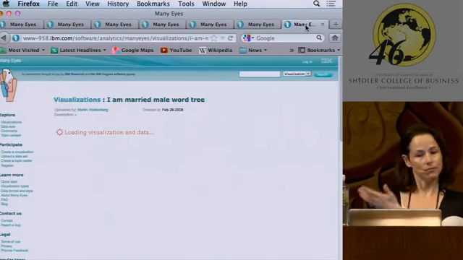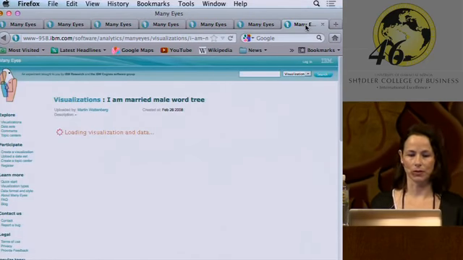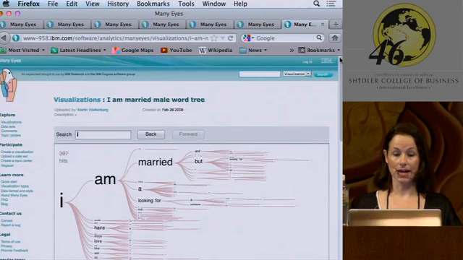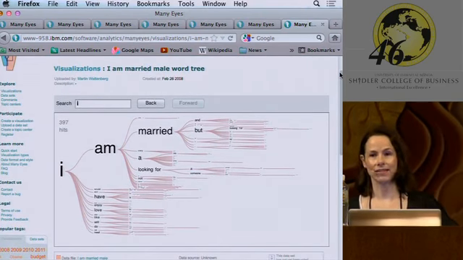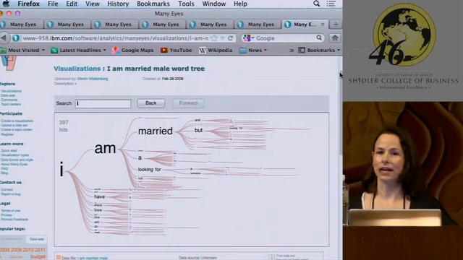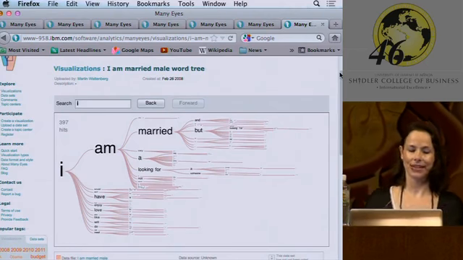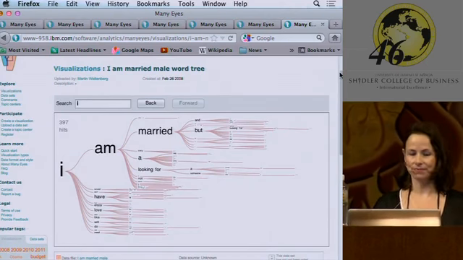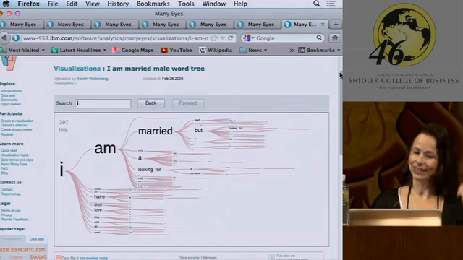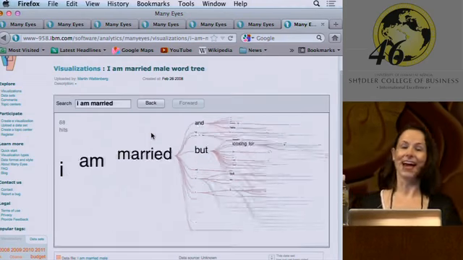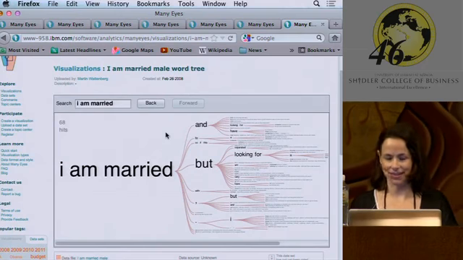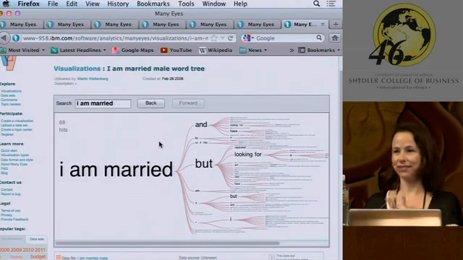And then, because it's Many Eyes and people will upload all sorts of interesting data sets, this is a tree map of personals ads, of males that say, I am married. And so they're all married males that are looking for companionship. And the thing I love the most about this data set is the difference in philosophy.